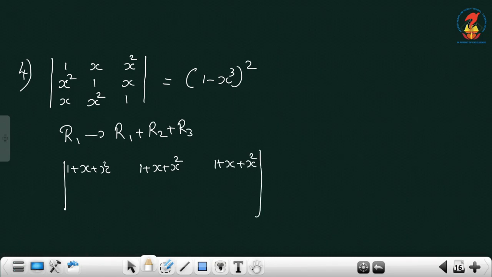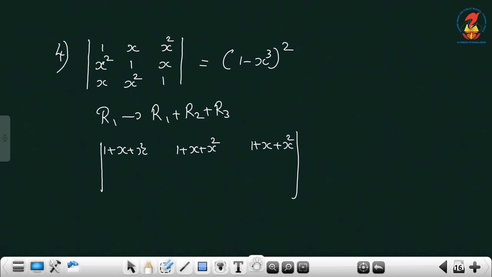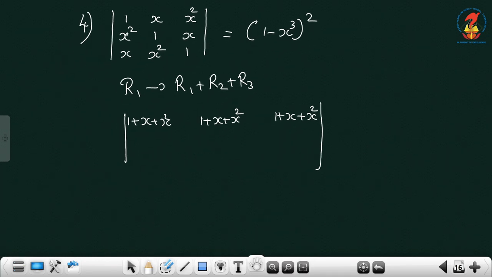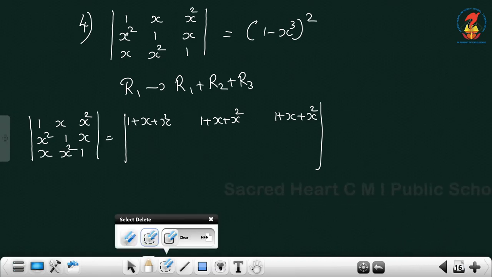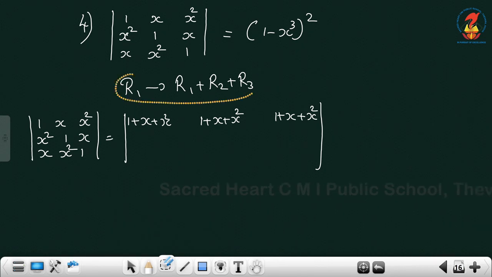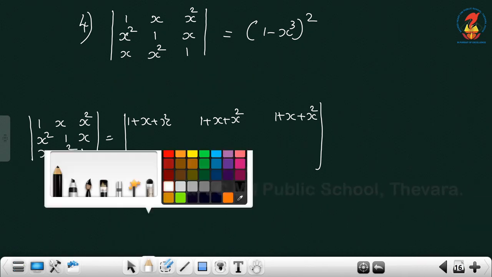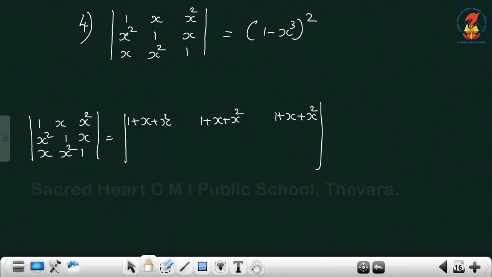So I'll write the question once again, doing this operation R1 implies R1 plus R2 plus R3.